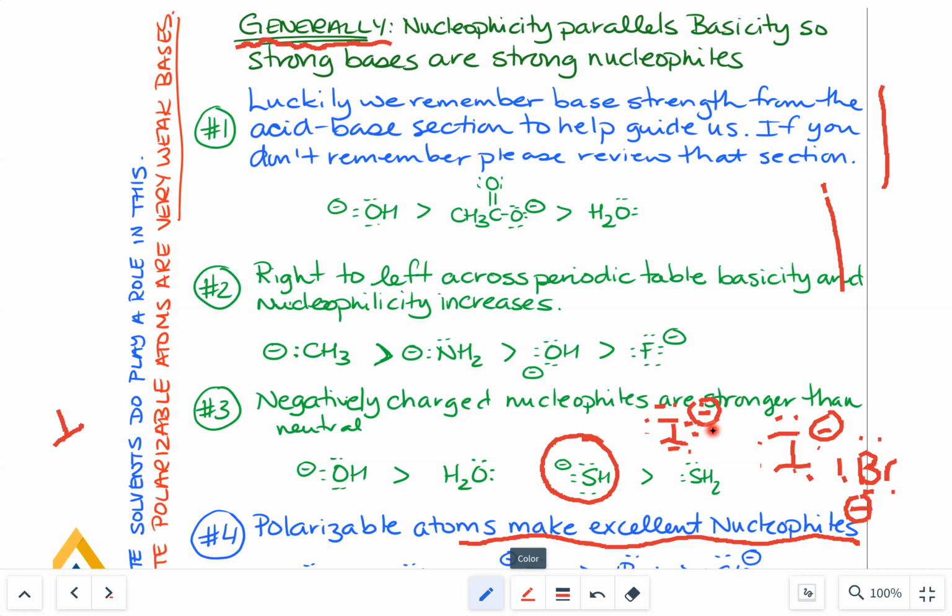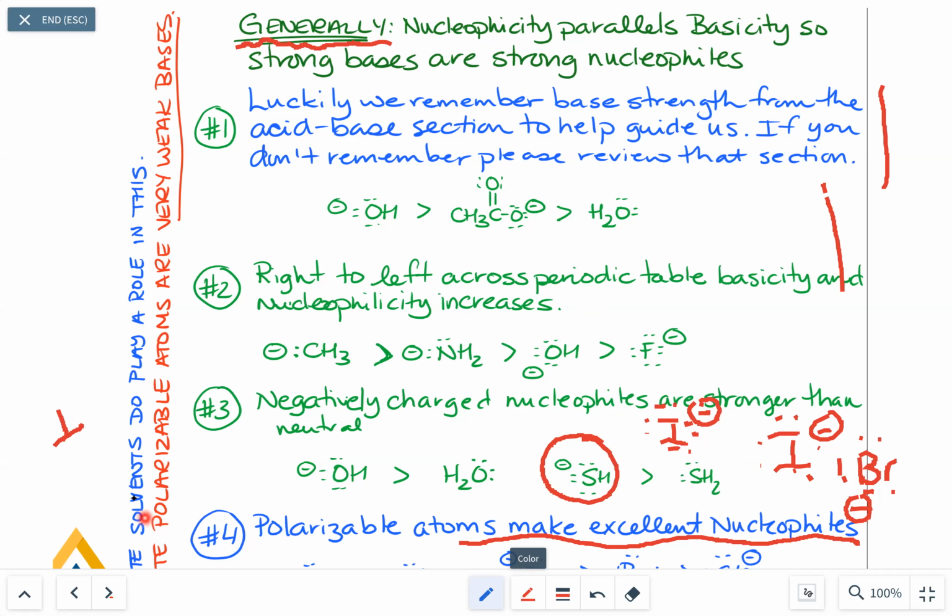And so polarizable atoms can be excellent nucleophiles, but they're the weakest bases you can imagine. So that's the one difference. So I minus, we're going to see I minus being used as a nucleophile, but it's not a base at all. So that's the first point.